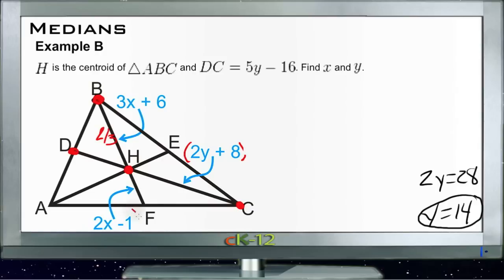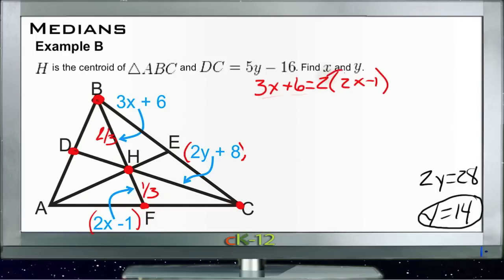And 2x minus 1 is HF, so it represents 1/3 of a line. So that tells us that HF times 2 would be the same thing as BH, right? So we could say that 3x plus 6 is equal to 2 times 2x minus 1. 2 of these is equal to 1 of these.